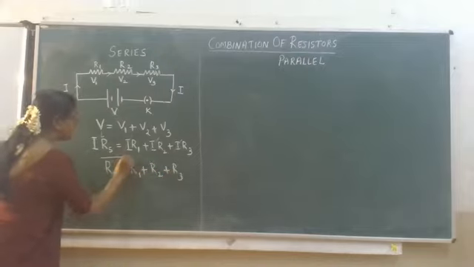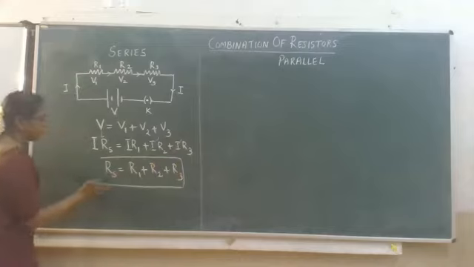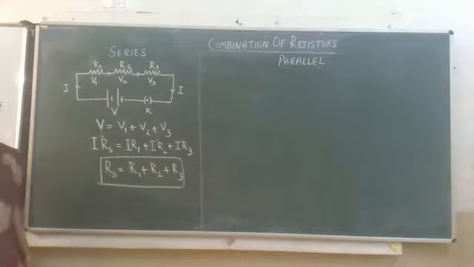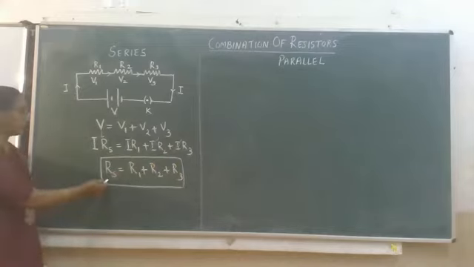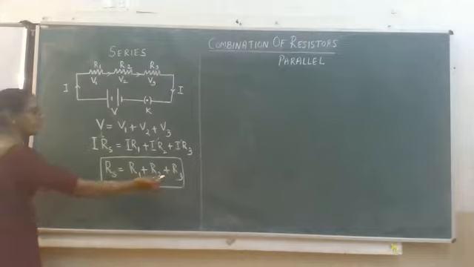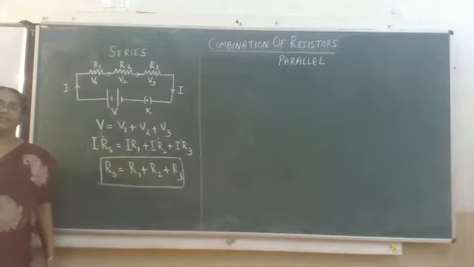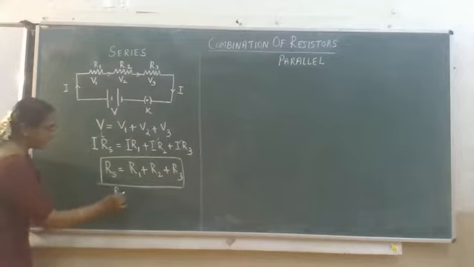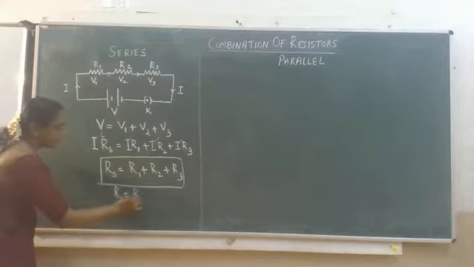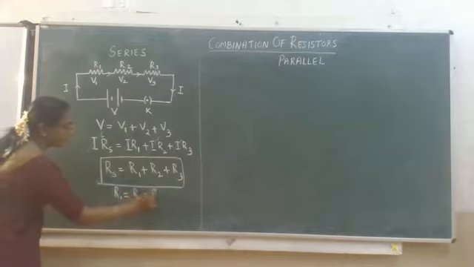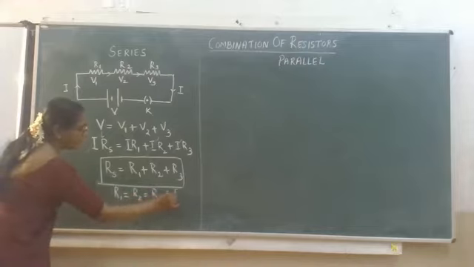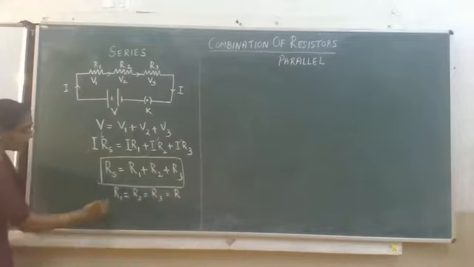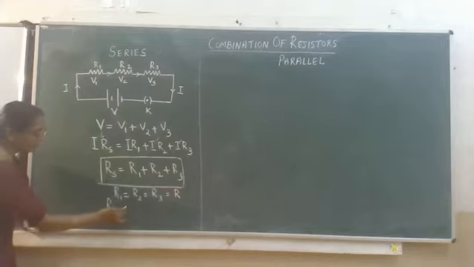So this is an equation for the effective resistance, or the total resistance, when three resistors are connected in series. Suppose these resistors are equal, R1 is equal to R2 is equal to R3 is equal to R. Then RS will be equal to how much?